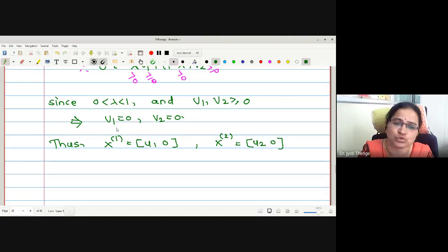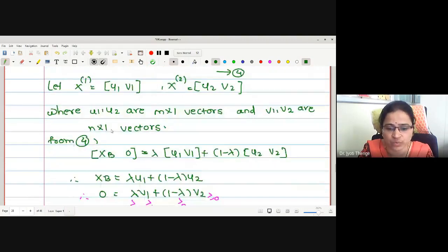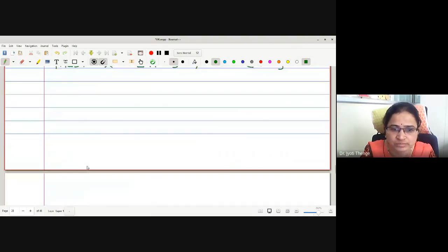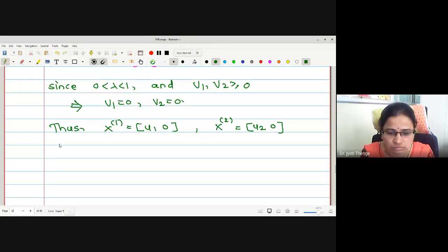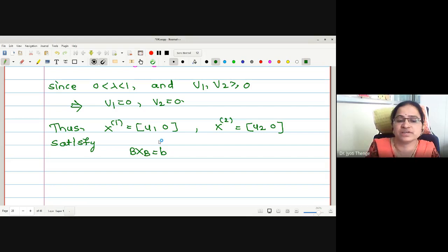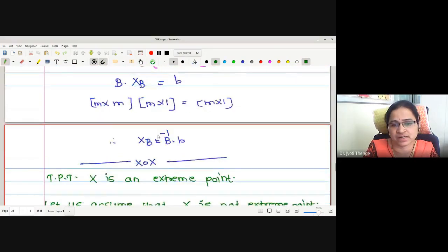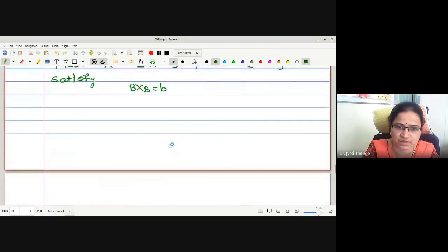Now as x1 and x2 are feasible solutions, they satisfy the equation. What are they satisfying? Ax equal to b. Sorry, Bxb is equal to b, I will write. They satisfy Bxb is equal to b, because whichever value satisfies Ax equal to b, we have seen that it satisfies Bxb is equal to b as per the selection.